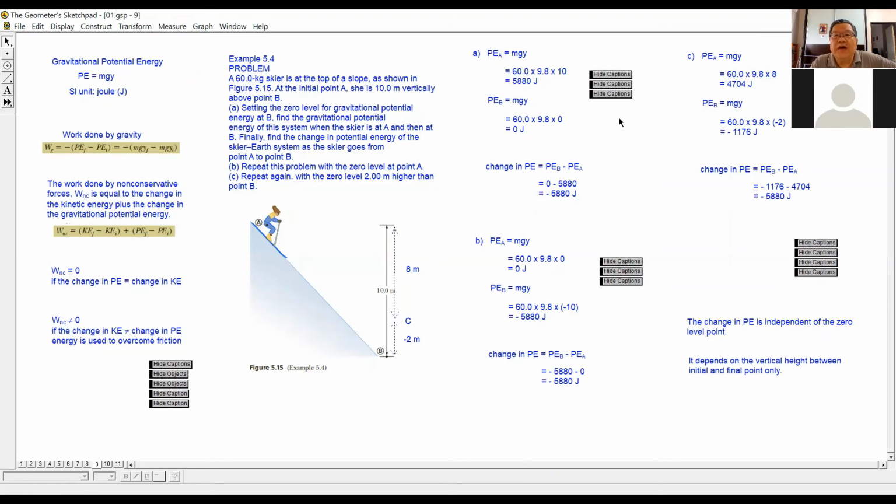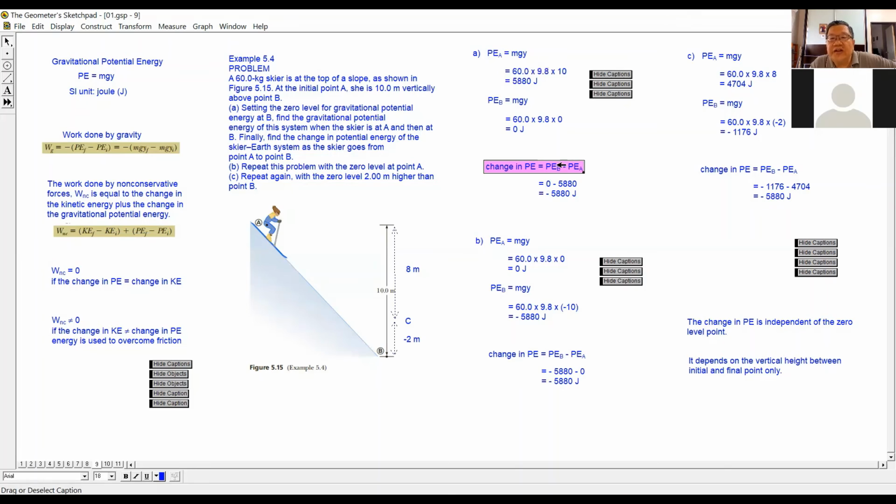If you want to find the change in potential energy when the skier moves from A to B, that means from A dropping down to B, how much is the change? The change in potential energy is the final potential energy minus the initial potential energy.